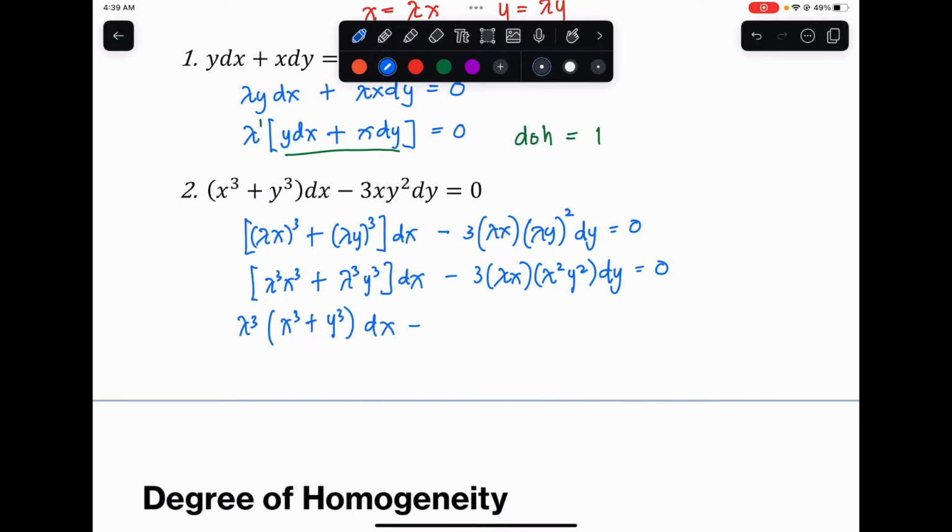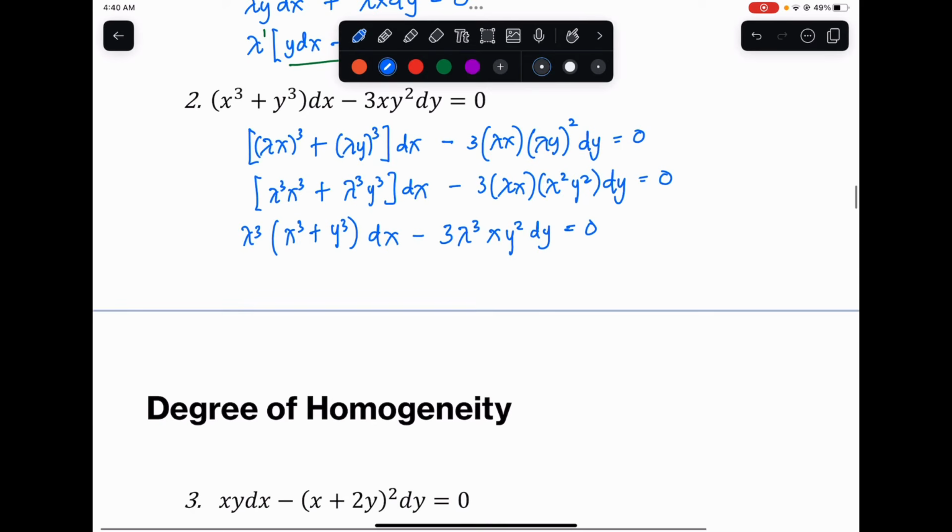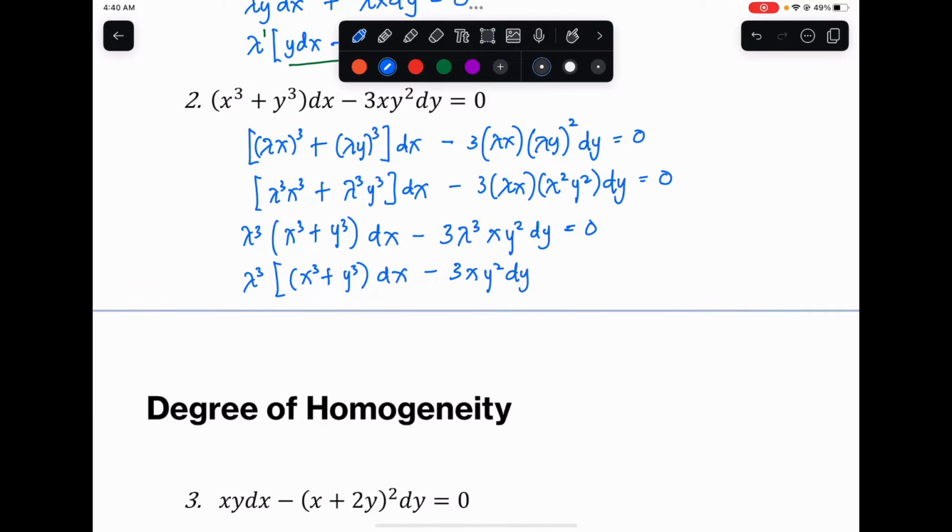And then from here, we can make it 3 lambda cubed, then x times x squared, so x, and then we have y squared dy is equal to 0. And from here, we can factor out lambda cubed, so it becomes x cubed plus y cubed dx, then minus 3x y squared dy is equal to 0.